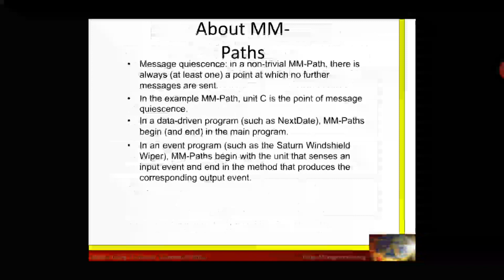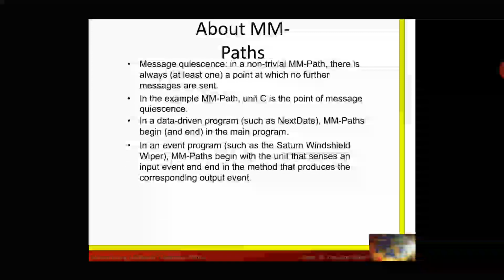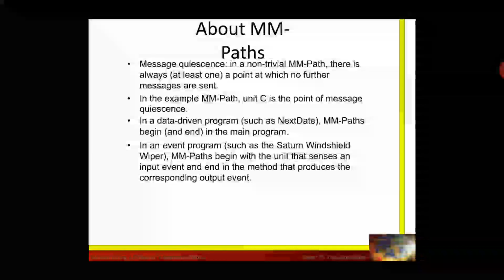In a data-driven program, like the next-state function and all, MM paths begin with the main program. In all data-driven programs, an MM path starts with the main program. There are two kinds: data-driven programs and event-driven programs. In an event-driven program, an MM path begins with the unit that senses an input event and ends in the unit that produces the corresponding output.